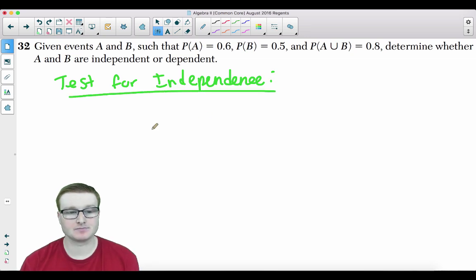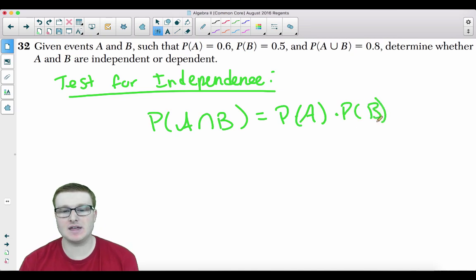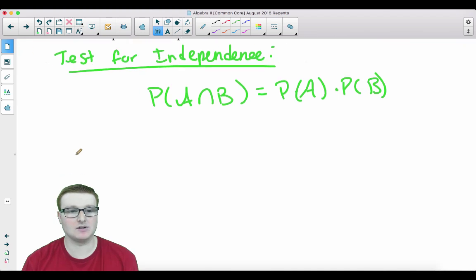It says, if the probability of A given B, or A intersection B, equals the probability of A times the probability of B, then the events are independent of each other. So here's what we got so far.